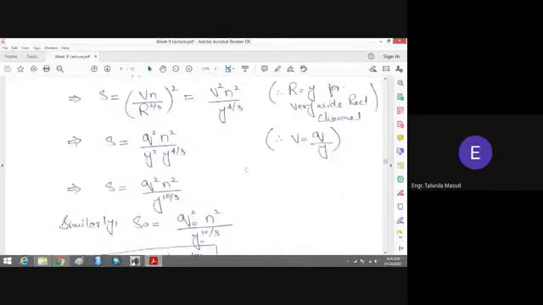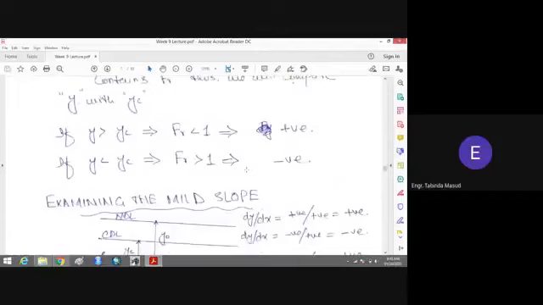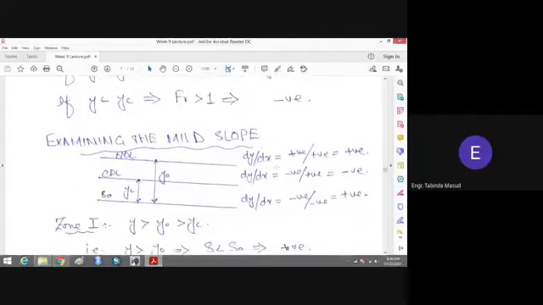So you will get a positive value for the denominator, and if y is less than yc, then you will get a situation of the supercritical flow, for which Froude number is greater than 1 and you will get a negative value for the denominator. This is how you can examine the gradually varied flow equation without putting values. You can find whether you are going to get a positive value or a negative value for the equation.